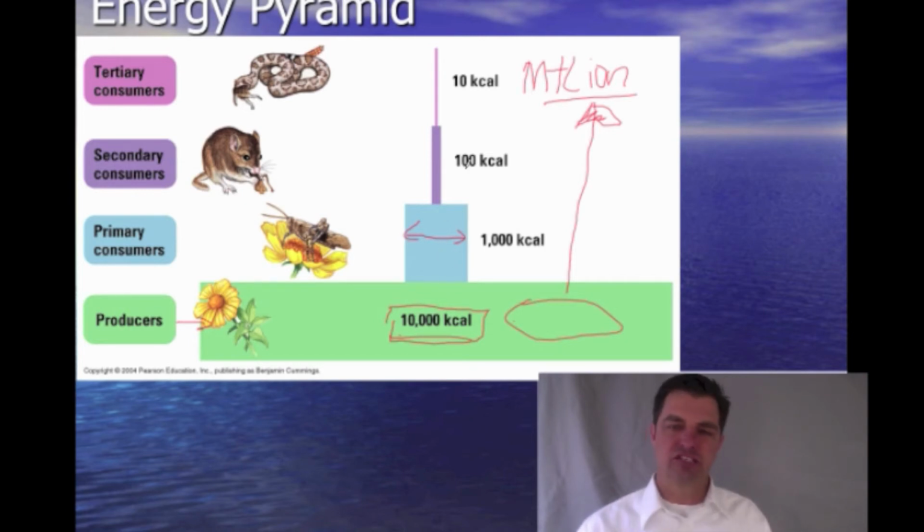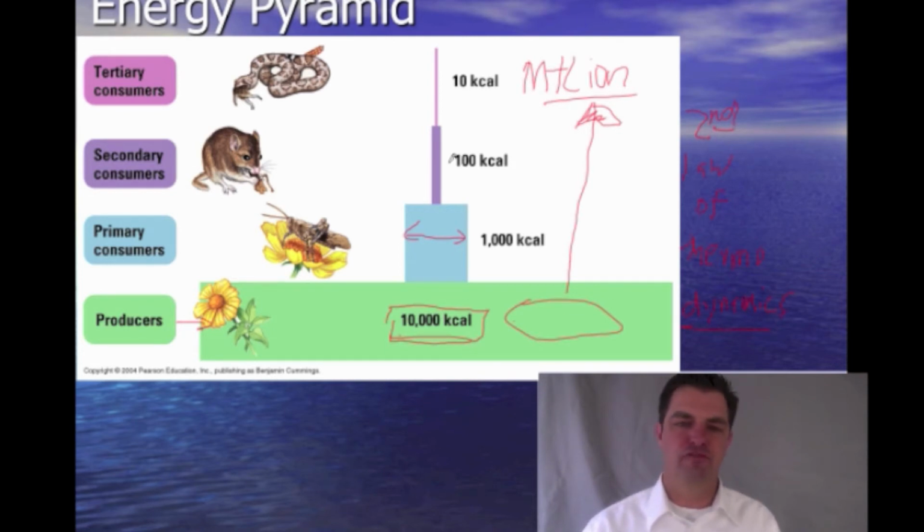And the reason this is true, you might remember from back when we talked about enzymes, is the second law of thermodynamics. And if you remember that, you might remember the word entropy. I ran out of room there, so I'm going to write the rest of it there. Thermodynamics.